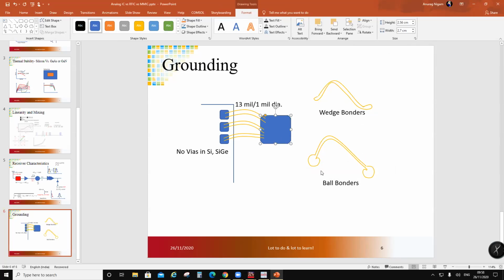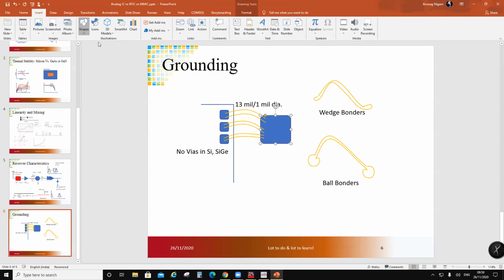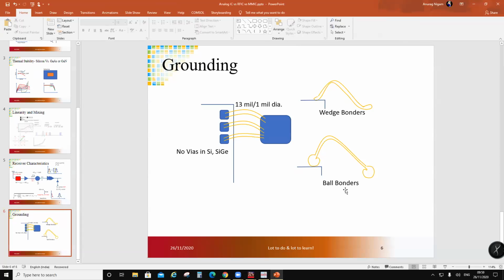Okay, now we know that chip has a certain height. Insert shape. Okay, so basically this is the chip edge. So this is from the side view. Okay, and in this case, this is your chip edge, and this is how it's going to sit.